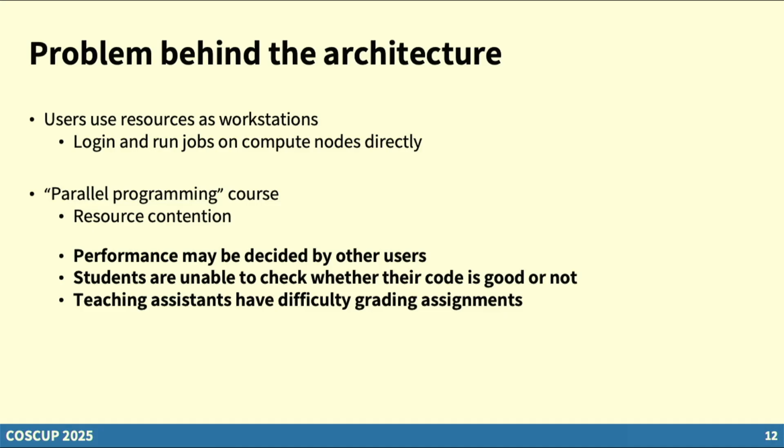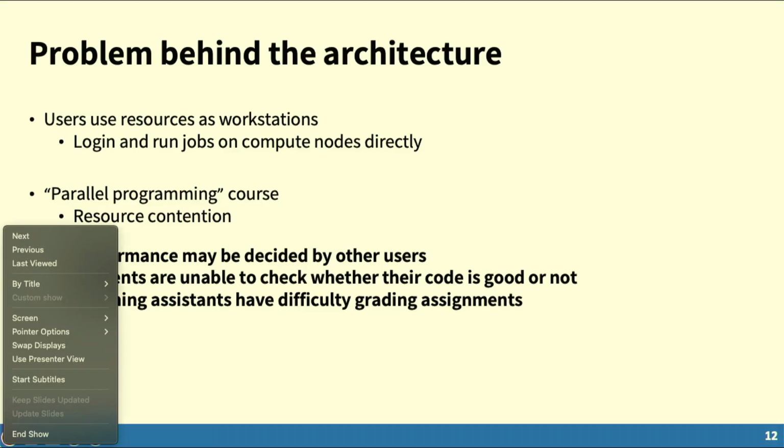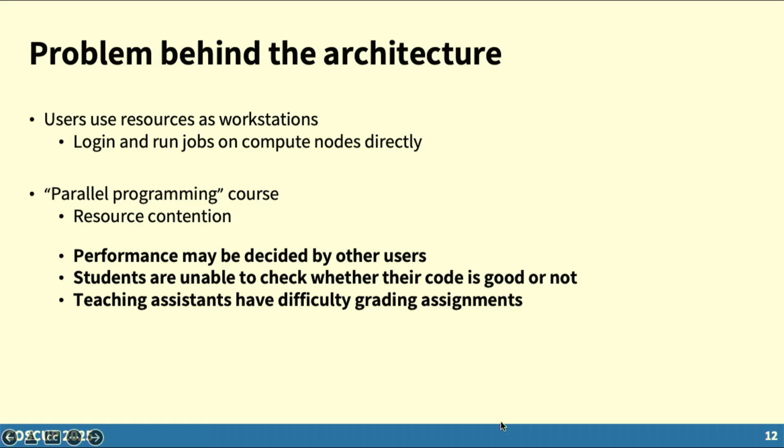So do you remember that parallel programming uses program performance to determine grades? In this situation, students are unable to check whether their code is good or not, because if it runs slowly this time, maybe the code is broken, or maybe it runs slowly because other users are also running programs.